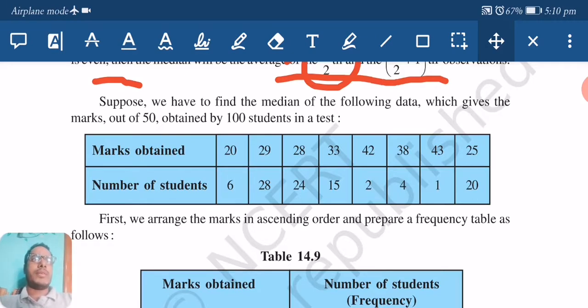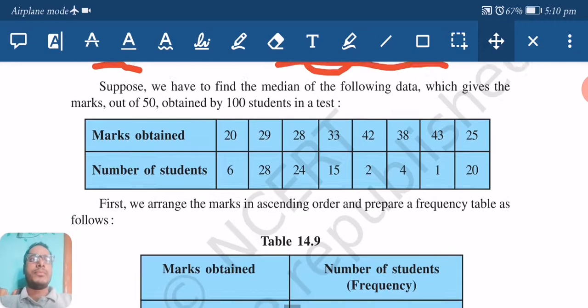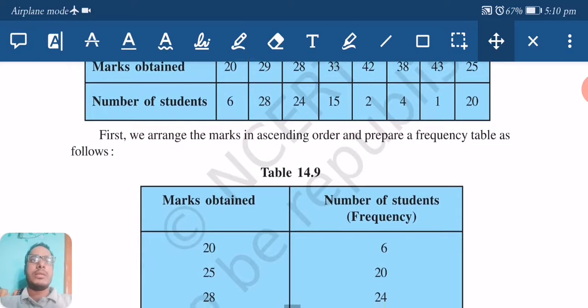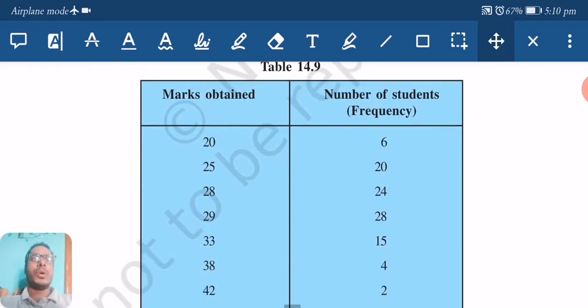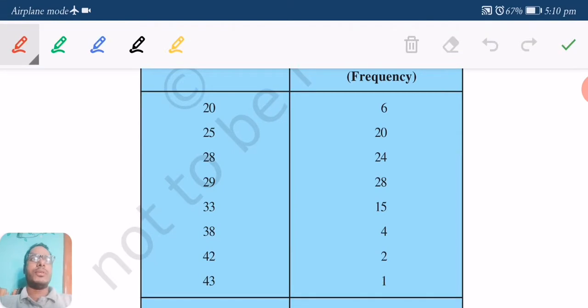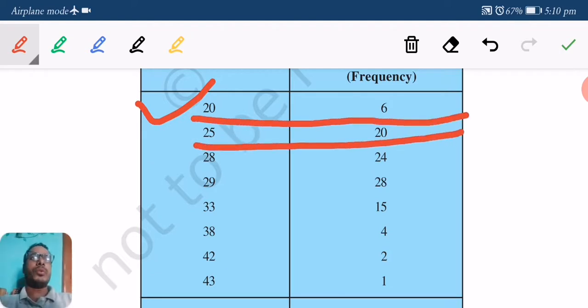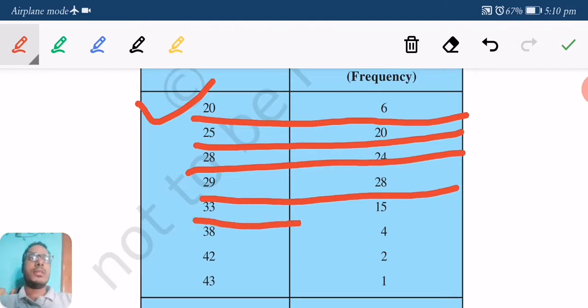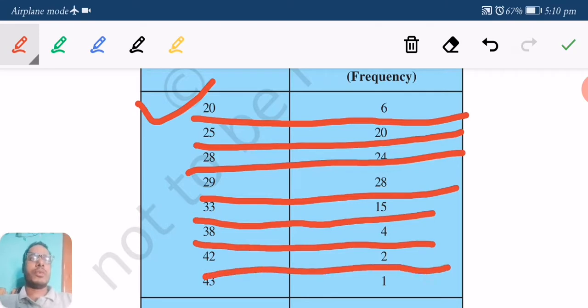Marks obtained is taken as one column, and number of students is taken as the second column, that is also treated as frequency. So 20 marks obtained by 6 students, 25 by 20, 28 by 24, 29 by 28, 33 by 15 students, 38 by 4 students, 42 by 2 students, and 43 by 1 student, right?